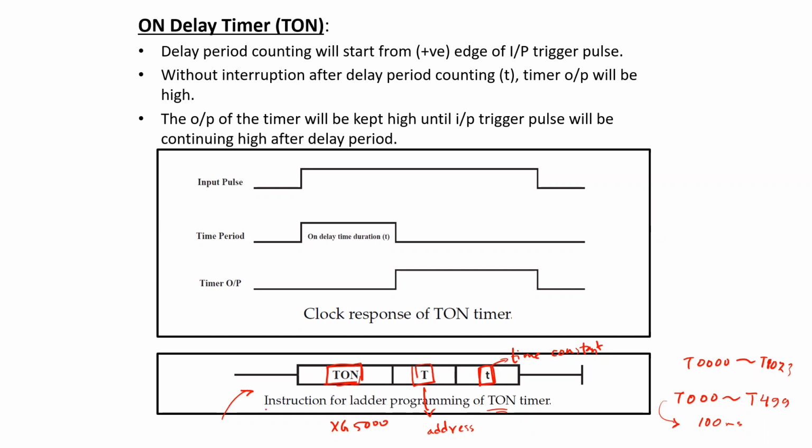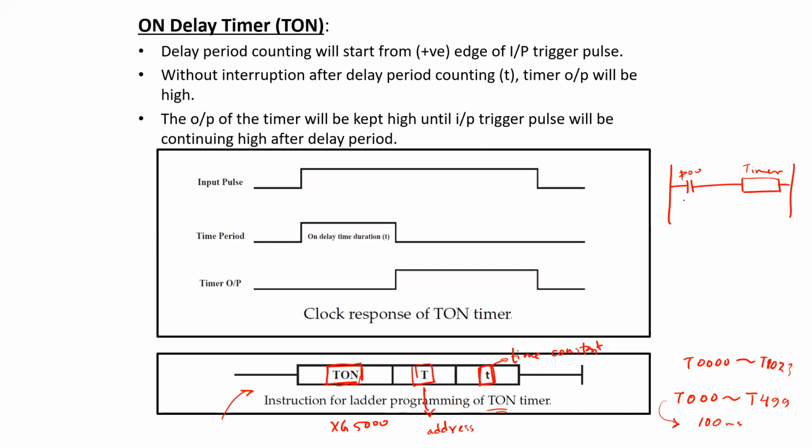These timers are normally connected as an output device in the ladder diagram. So in the ladder diagram, they are supposed to be coupled with some input device through the address associated with a particular input device. Let's say P00, and let's say this is the timer. So they are always connected at the output side.